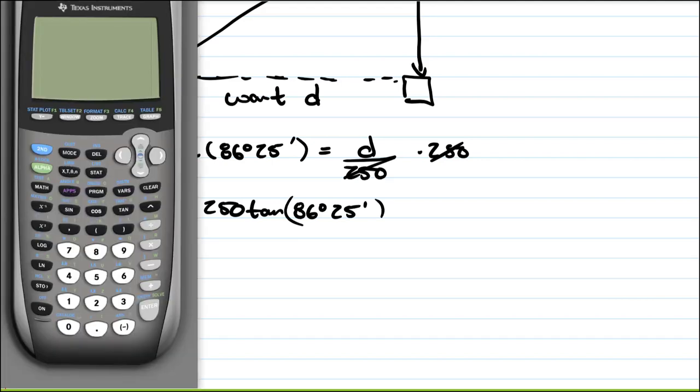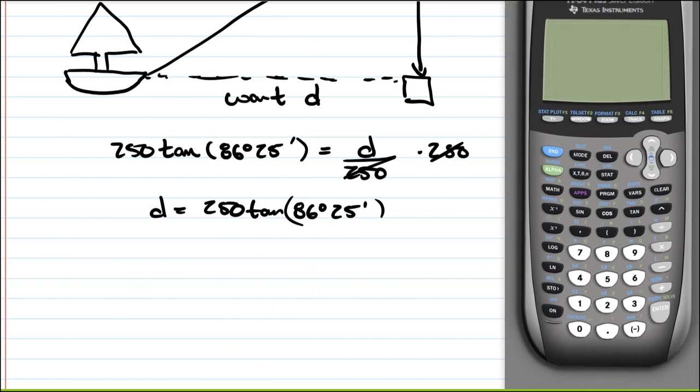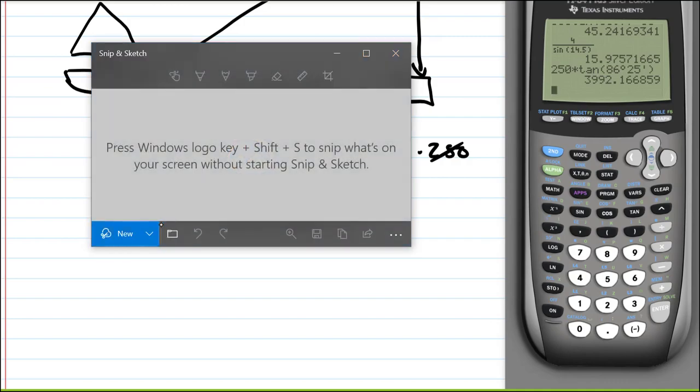So we grab our calculator and we start putting that in. So we have 250 times the tangent of 86 degrees and 25 minutes. So back into our angle menu again, we grab minutes, press enter, and we get 3,992 meters.